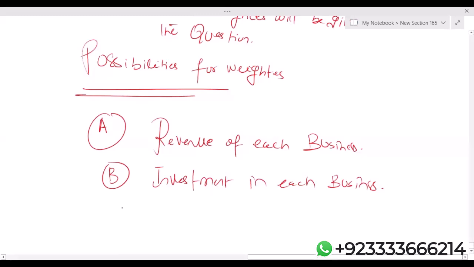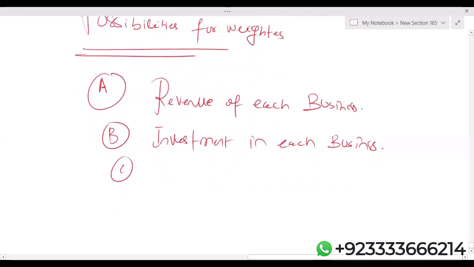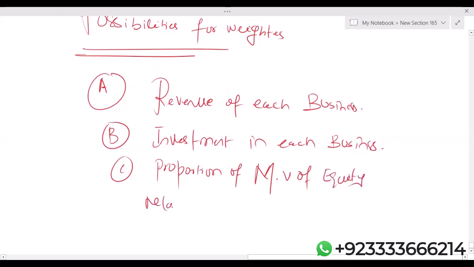There's a third possibility as well. Proportion of market value of equity relating to each business. For example, let's say your examiner says that 25% of equity is in business one.